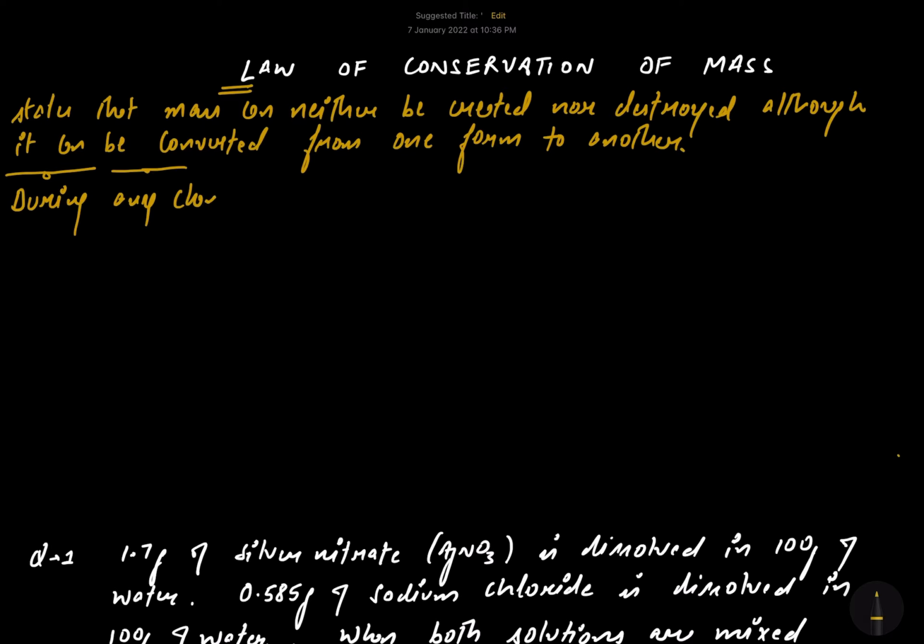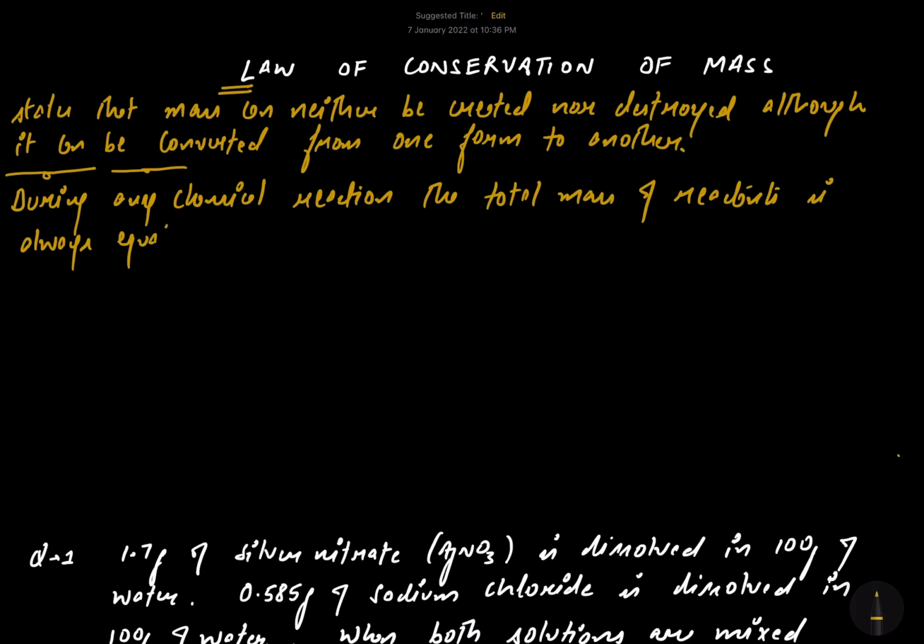during any chemical reaction, the total mass of reactants is always equal to the total mass of products.